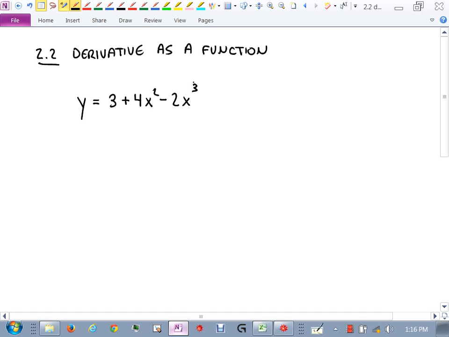That's what we were looking at, and we were asked to find the slope of the tangent line, whatever. Well, if I change this to f of x, so I'm just replacing y with f of x, then I would hope that everyone here would agree that f is a function, right? F is a function.